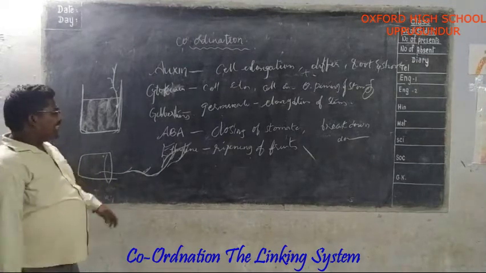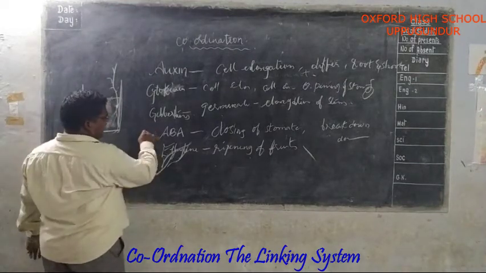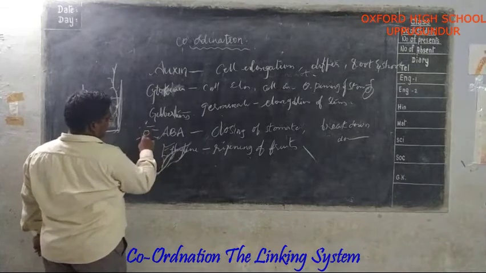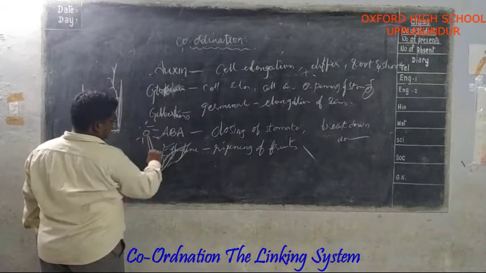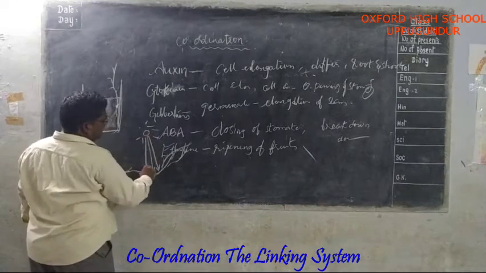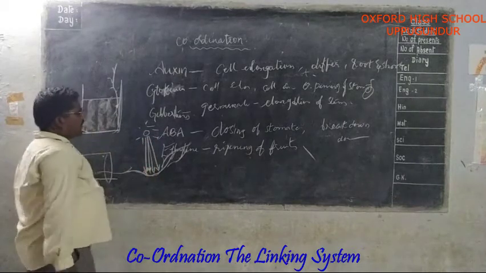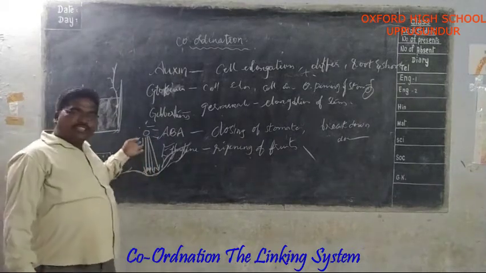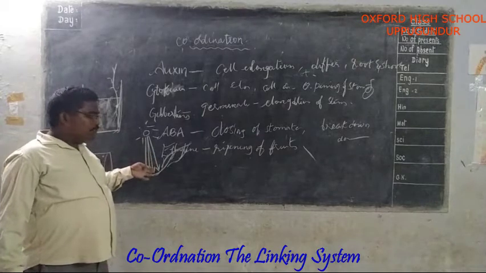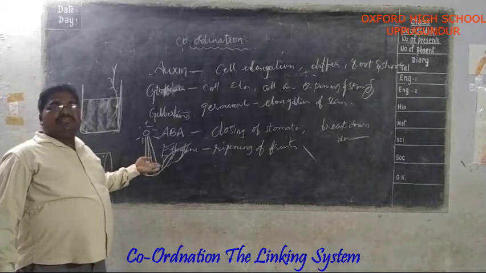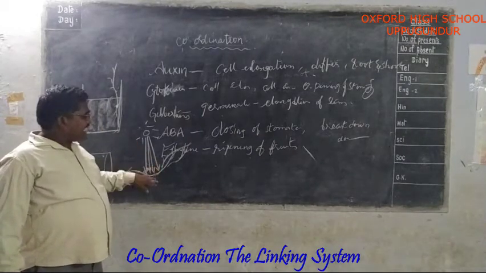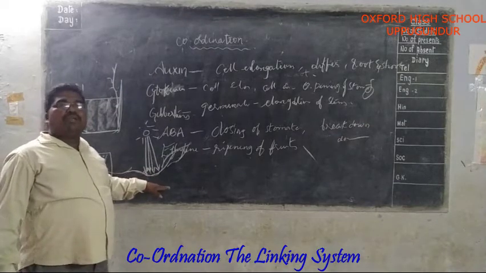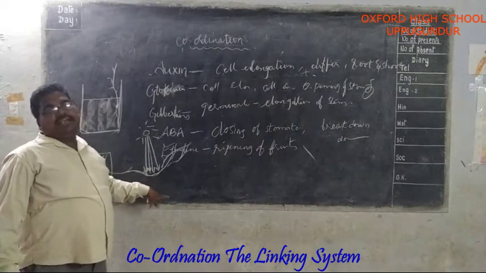The part where the light is illuminated, the light-struck area, more auxins are developed. On the opposite side, a lesser amount of auxin hormones is developed.